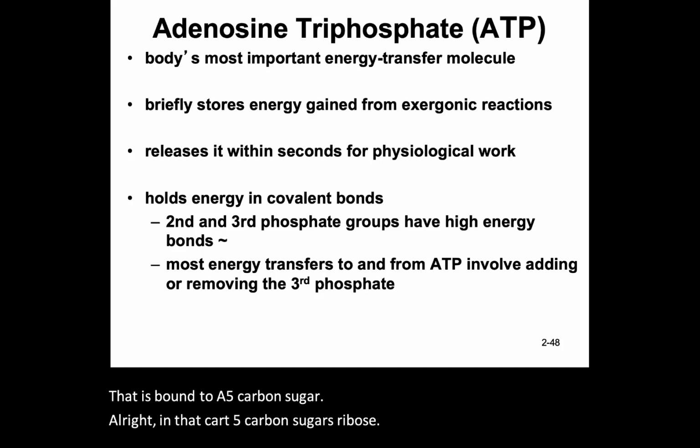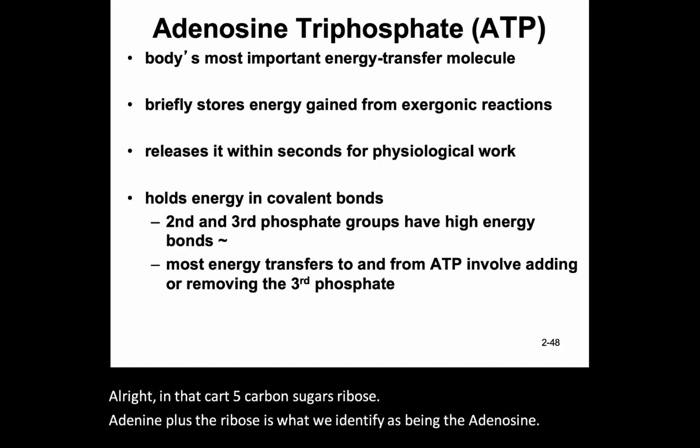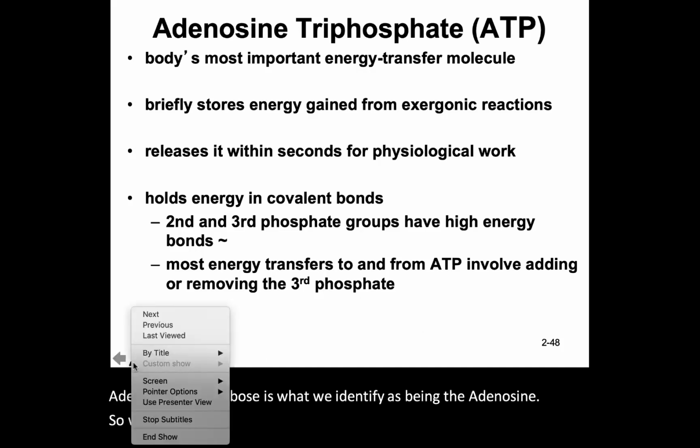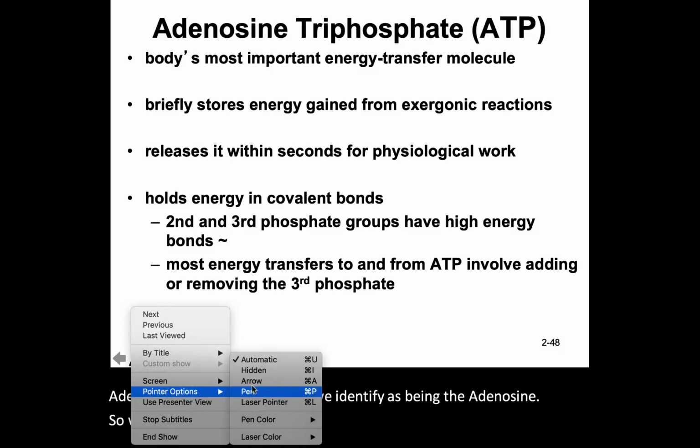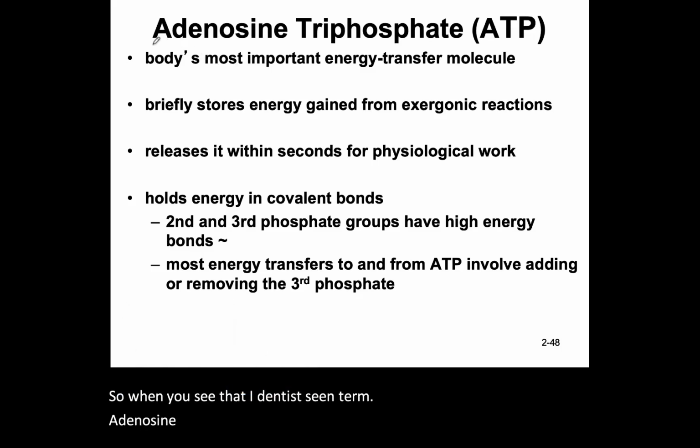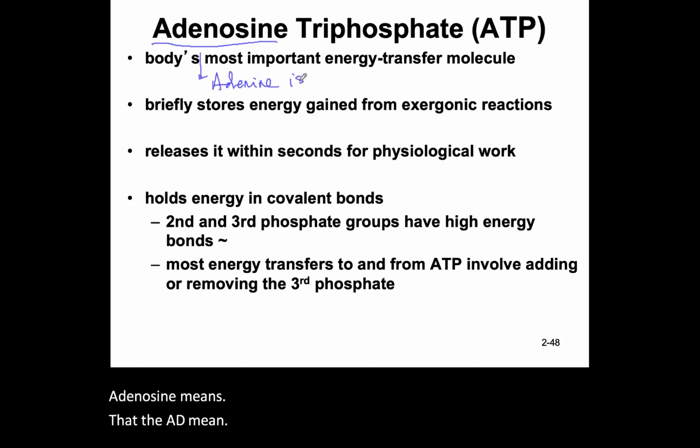Adenine plus the ribose is what we identify as being the adenosine. So when you see that adenosine term, adenosine means that the adenine is bound to ribose. That is what adenosine is.